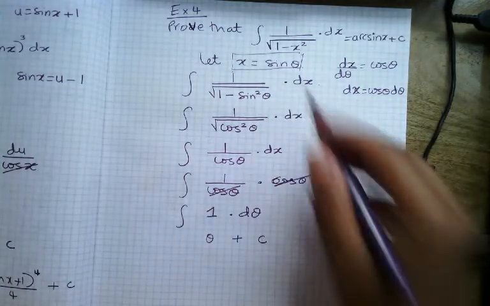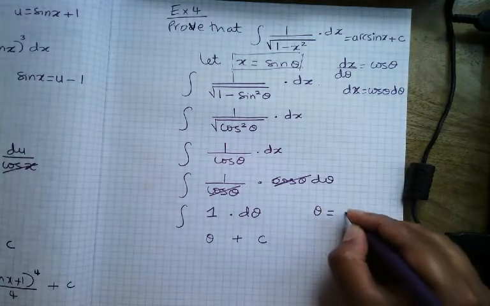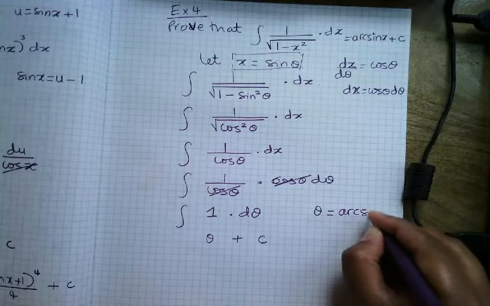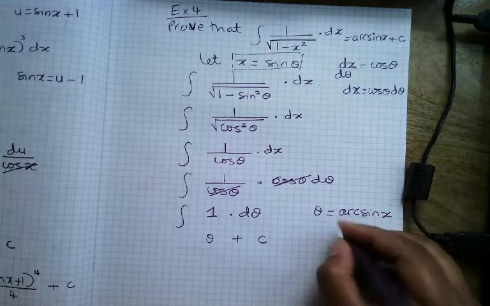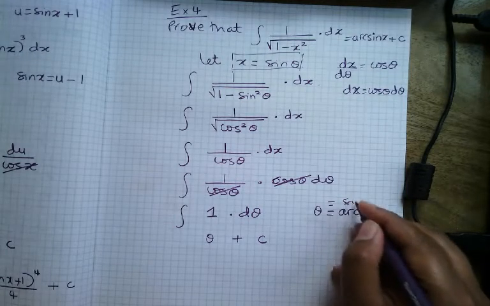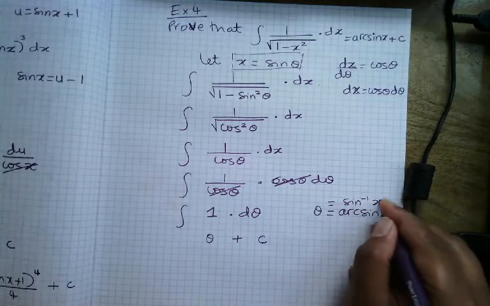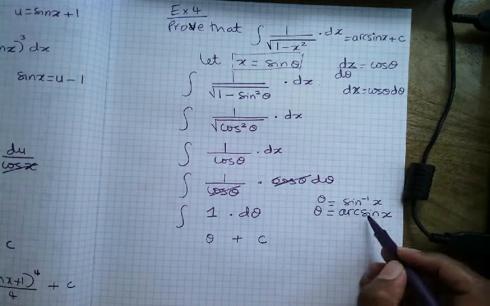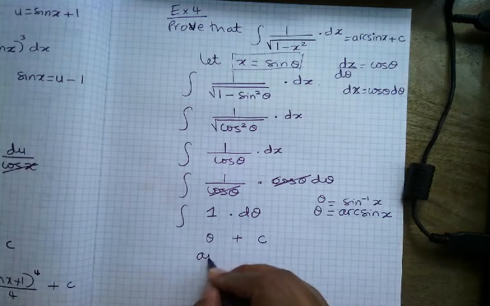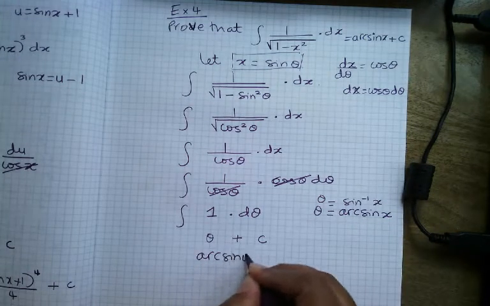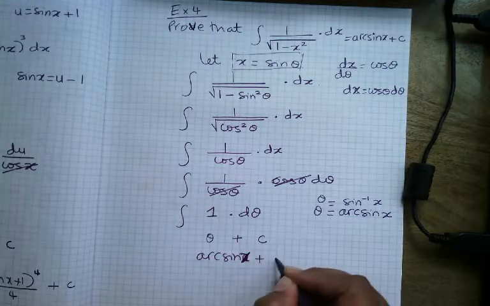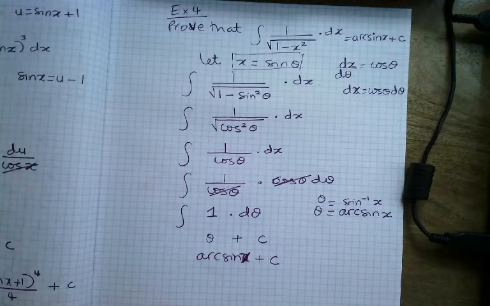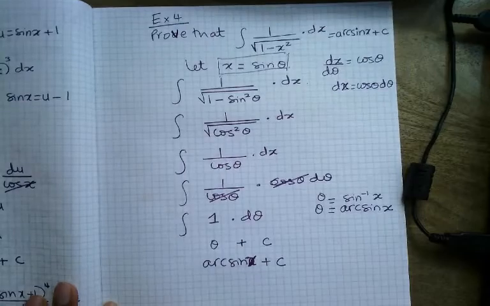So if x is equal to sine theta, then theta must be equal to arc sine x, which is the same as sine inverse x. These two are exactly the same things. So that's what I'm going to substitute in there, and I'll get arc sine x plus c, and that is the end of that.